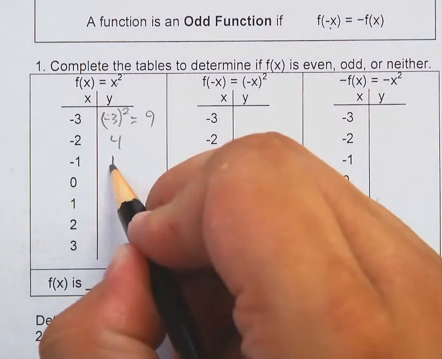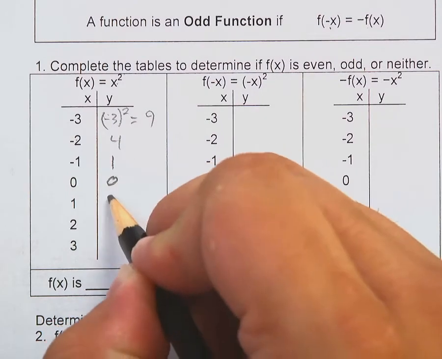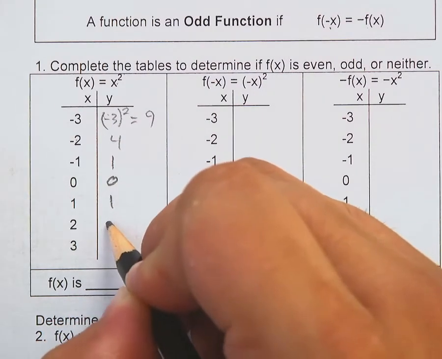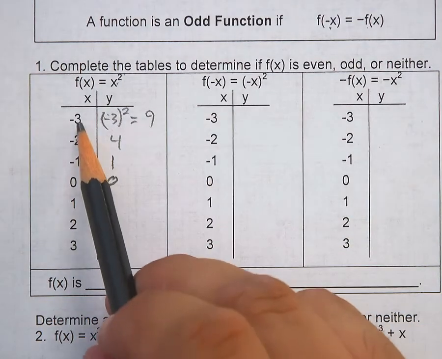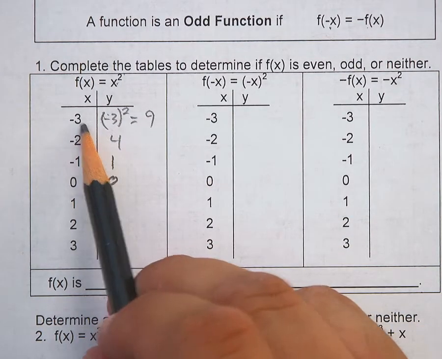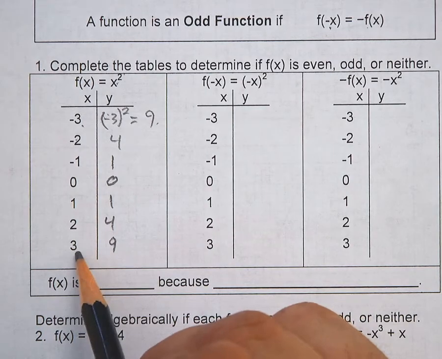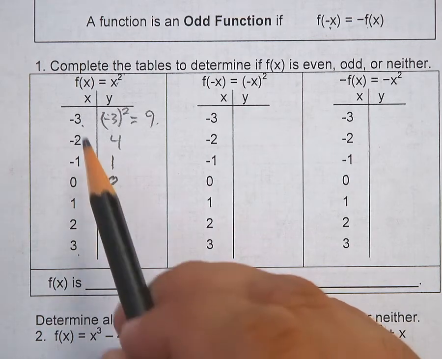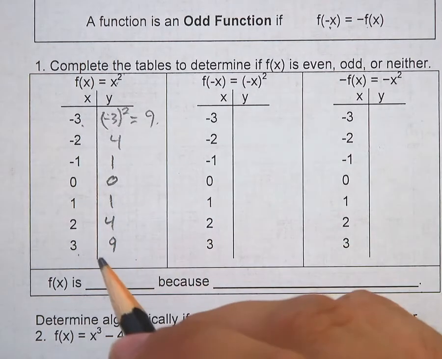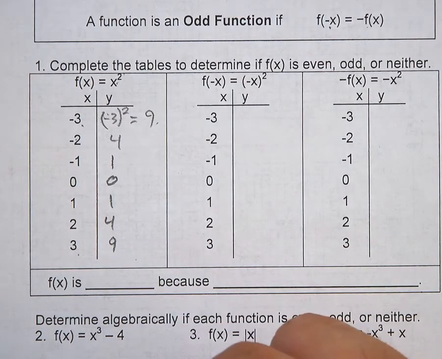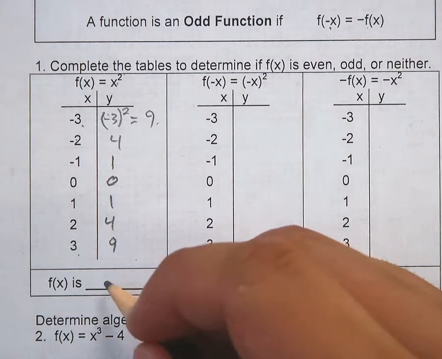Negative 1 squared is 1. 0 squared is 0. 1 squared is 1. 2 squared is 4. 3 squared is 9. So for negative 3 you get 9, and for 3 you get 9. Your negative x values give you the same y values. We would call that, for this one, even.